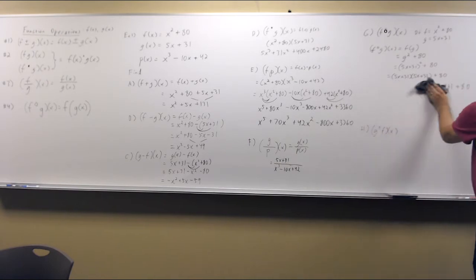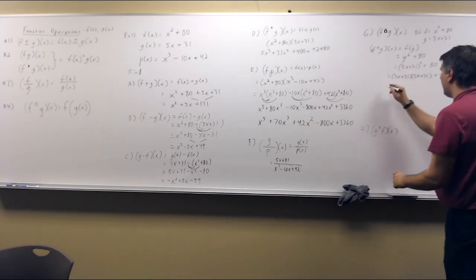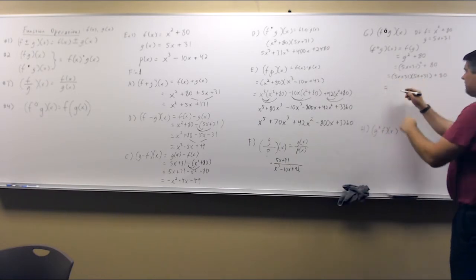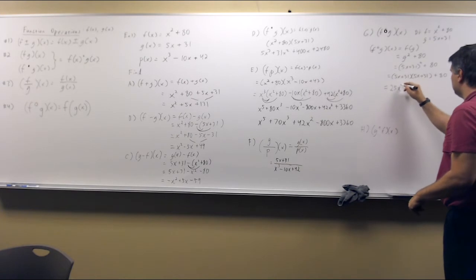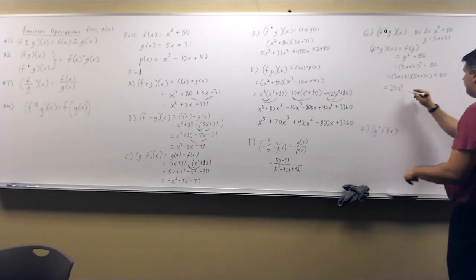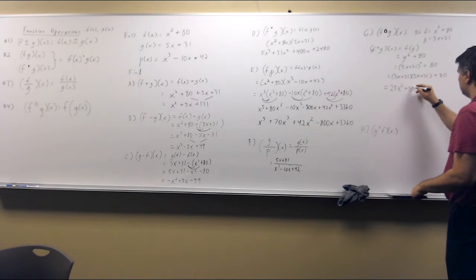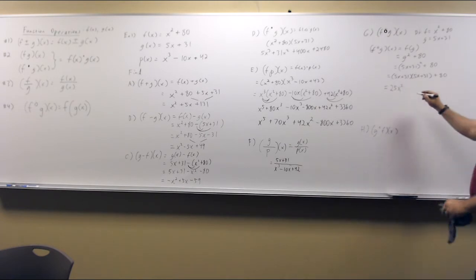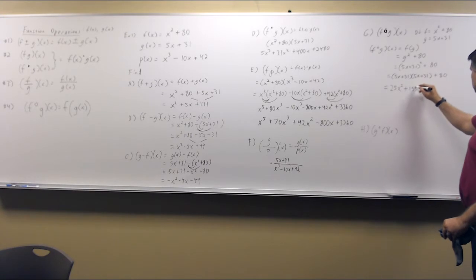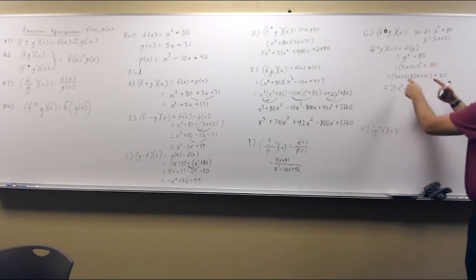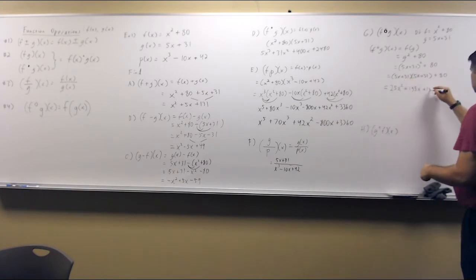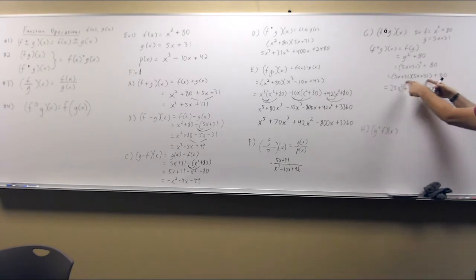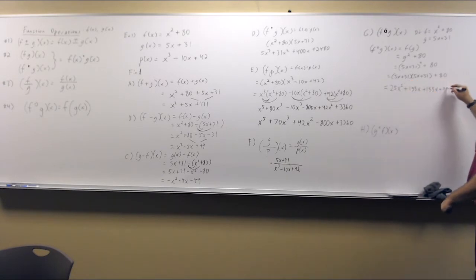All right, so I'm going to do that again. Under the FOIL method, that's going to be 25x squared plus 155x. That looks awful. Plus another 155x plus 961 plus 80.